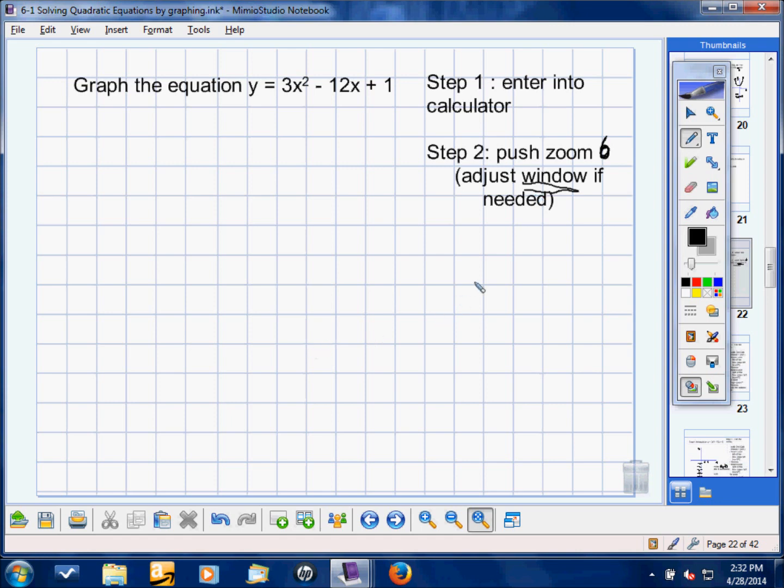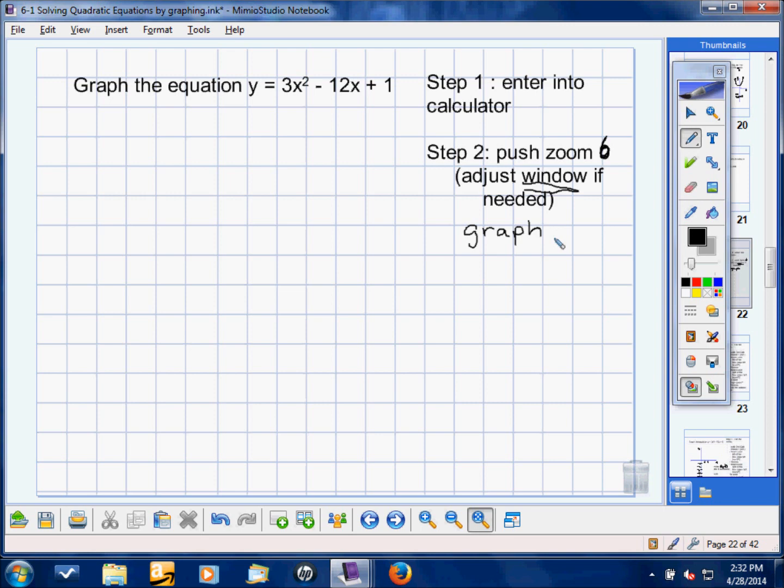It's still part of step 2, because you need to adjust your window so that you see your nice parabola. If you don't see a nice view, it's not going to work for you.